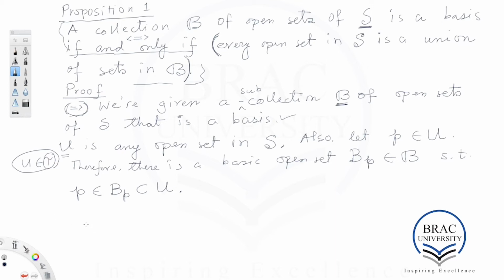So let me draw a picture for you here. So here is this open set U, and you take P a point of this open set. Now, by the definition of basis, there is a basic open set B_P that contains P, and this B_P is contained in U, the first open set that we started with.